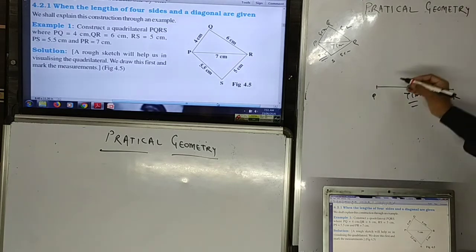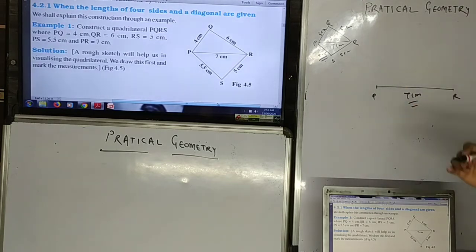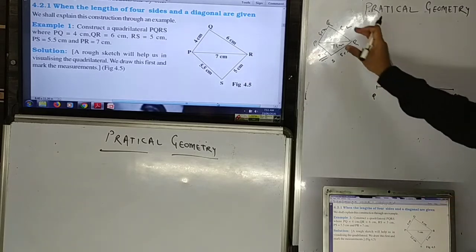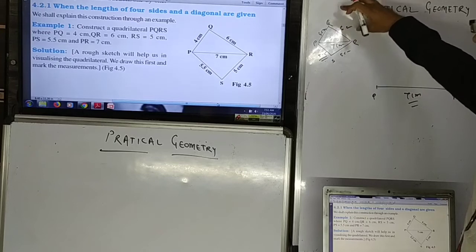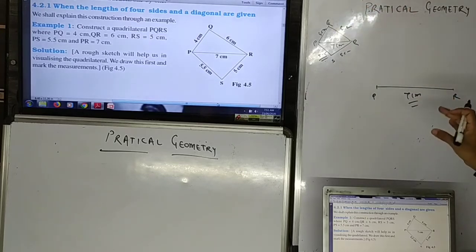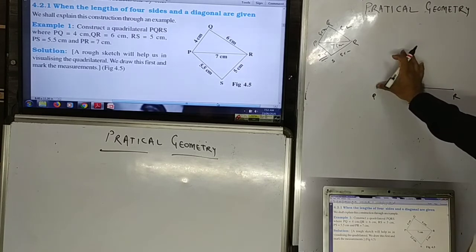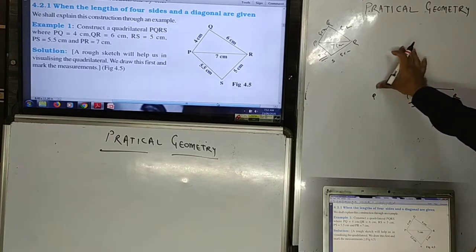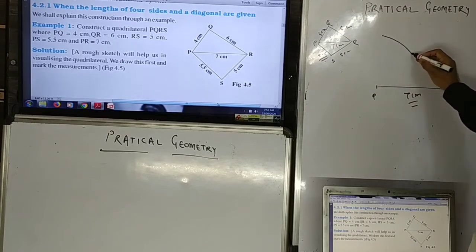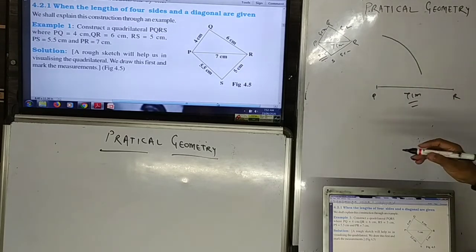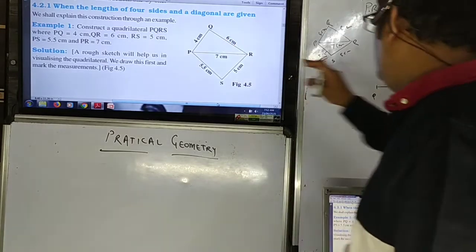On one side of this PR, there is Q point. Q point is at 4 centimeter from P, and it is at 6 centimeter from R. Take 4 centimeter in rounder and put metallic end of rounder at this P and draw arc of radius 4 centimeter. Now QR is of 6 centimeter.